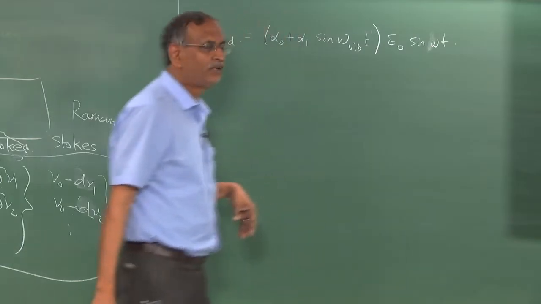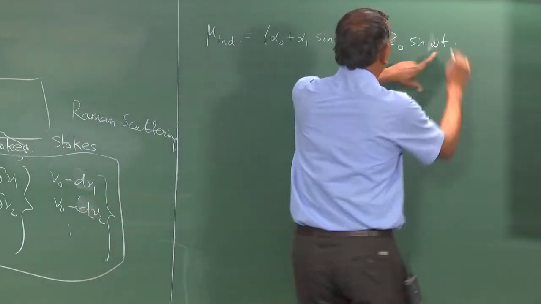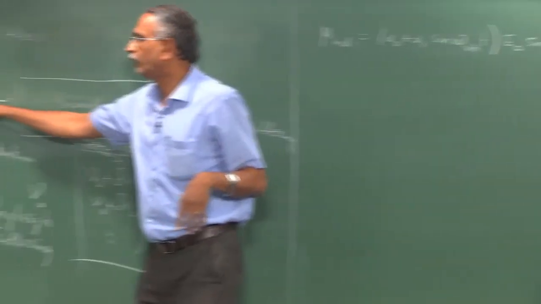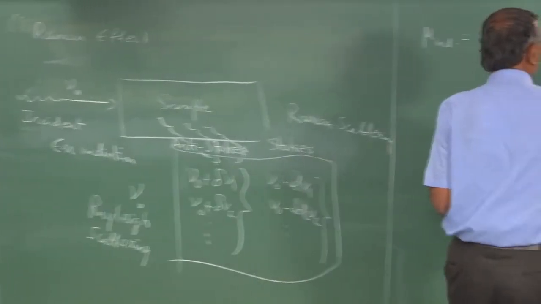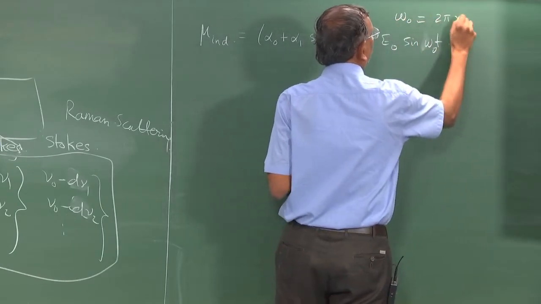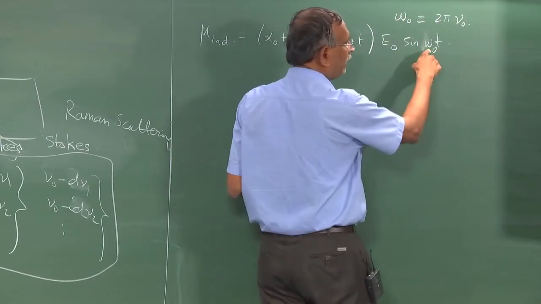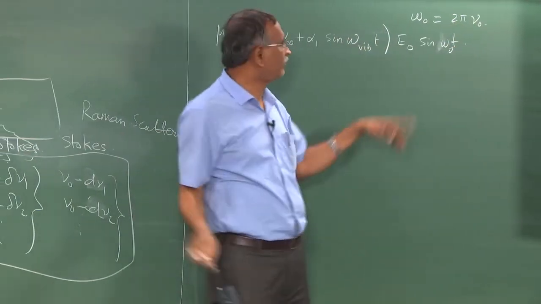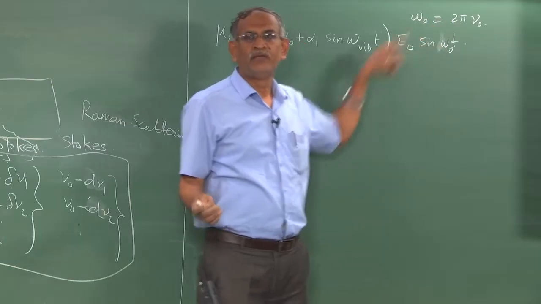This is the radiation frequency. Let us call this omega naught because we are using the symbol nu naught. And the relation between omega naught and nu naught is, it is 2 pi nu naught. This is angular frequency and this is the regular frequency in the form of hertz. This is in terms of the angle.